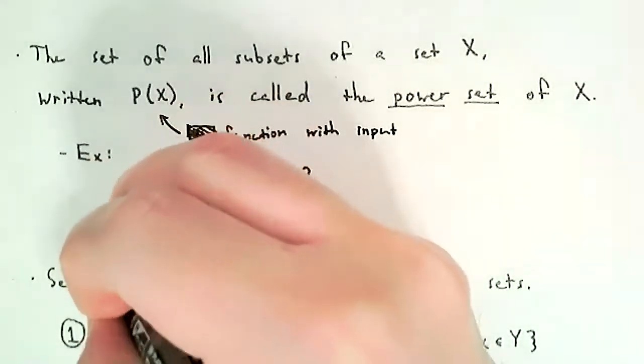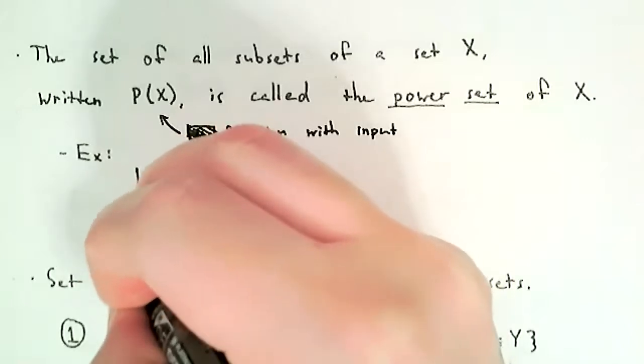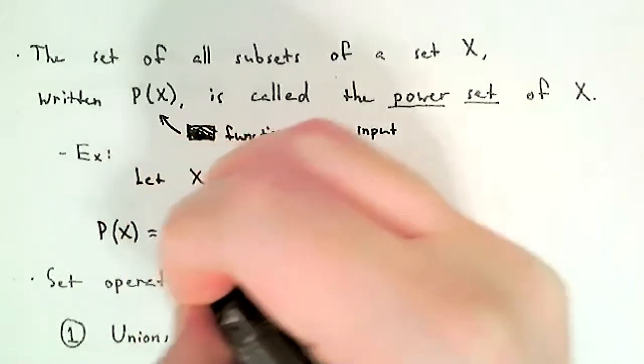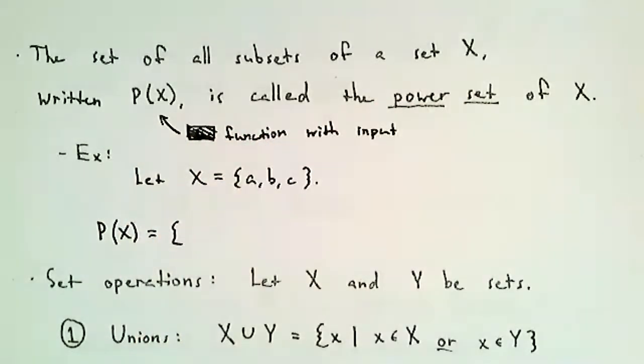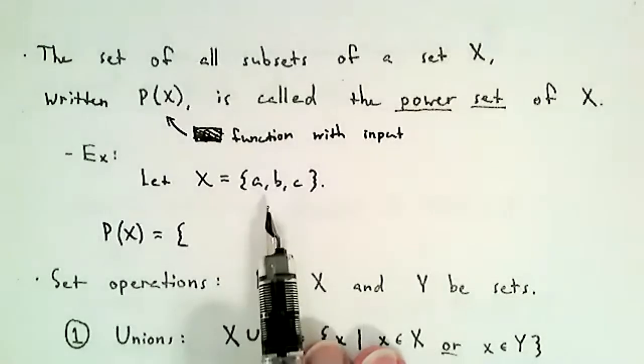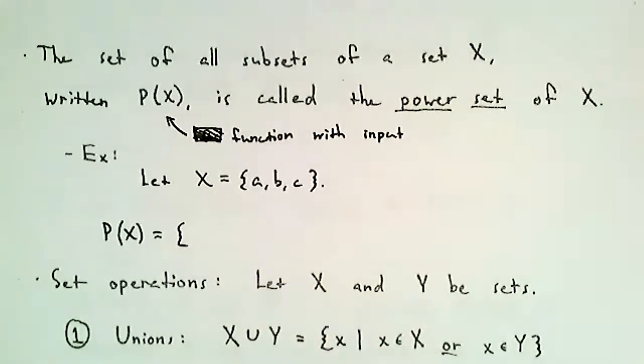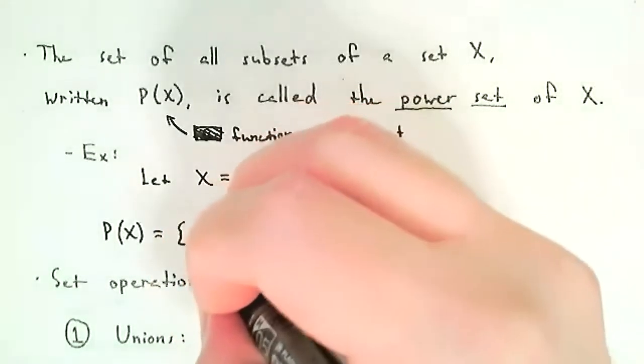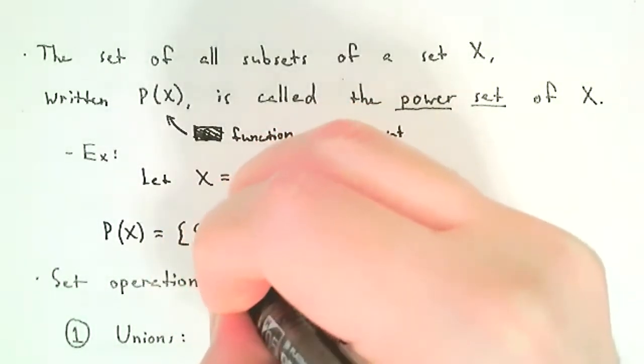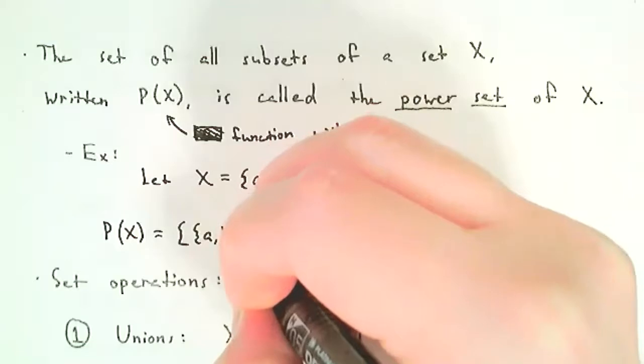So what are all the subsets of X? Someone just start telling me what some subsets could be of ABC. A, B. A and B? Okay.